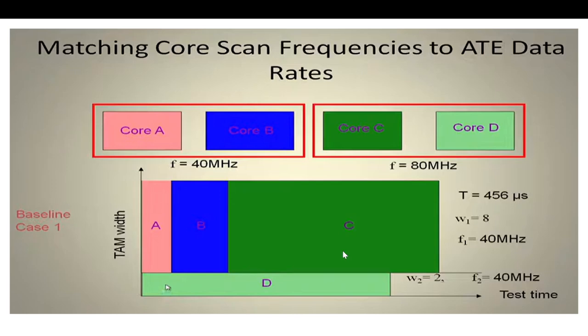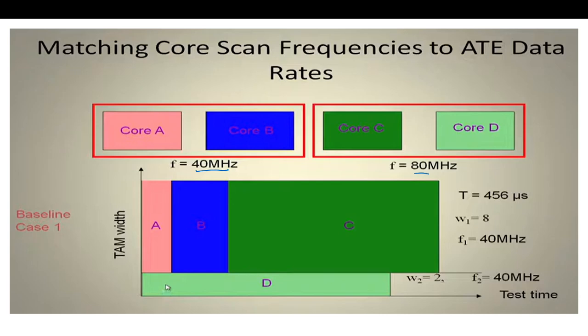Next, matching core scan frequencies to the ATE data rate. Say we have 80 megahertz and 40 megahertz, and 80 megahertz means that the C and D cores should support shifting in and shifting out, or testing, at a frequency of 80 megahertz, as well as the normal low frequency.